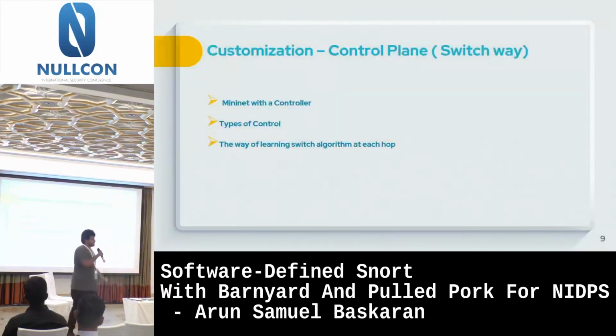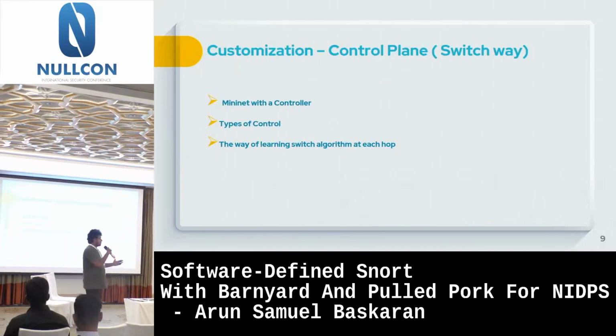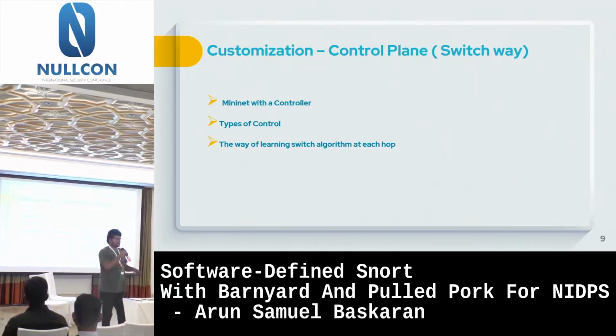So first, the switch way. Say, for example, you are maintaining an organization of around 10K people who frequently use the internet here and there within the intranet itself. For that, I'm creating a Mininet topology with a few servers and a few switches along with host machines here and there.